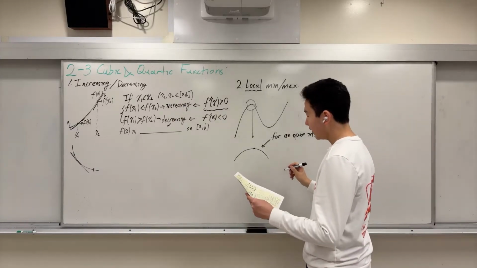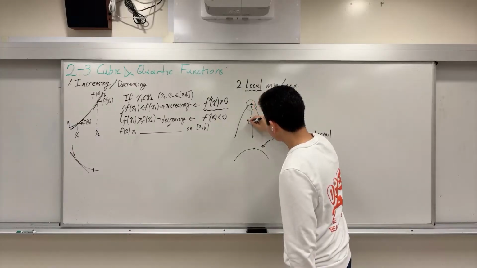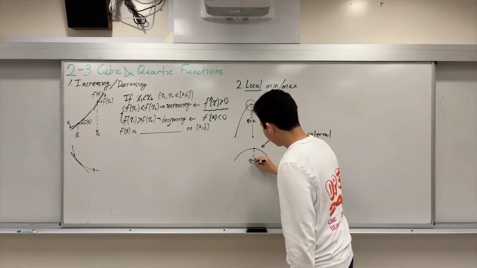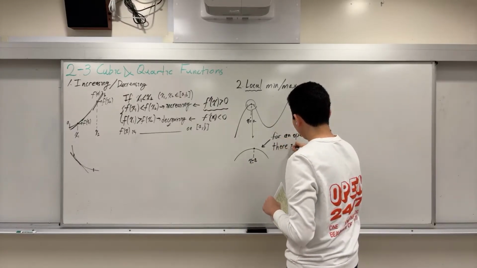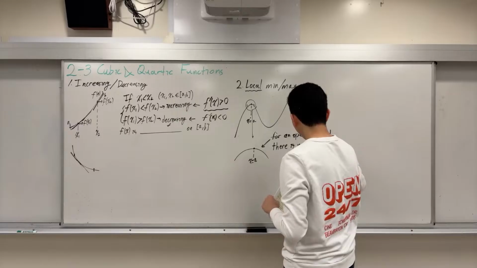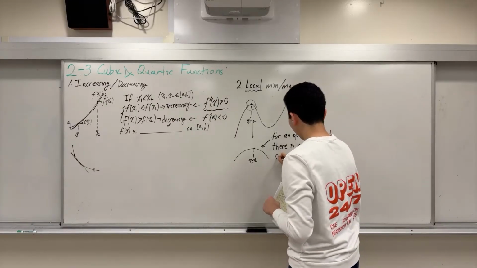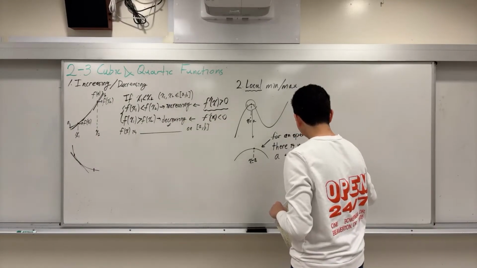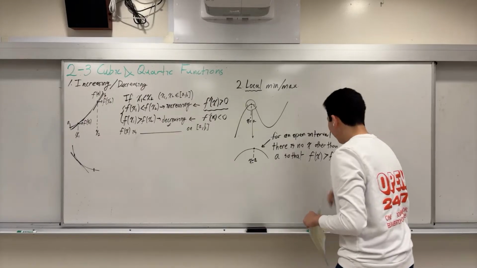let's say this is x equals a. For an open interval, there is no x other than a, so that f of x is greater than f of a.